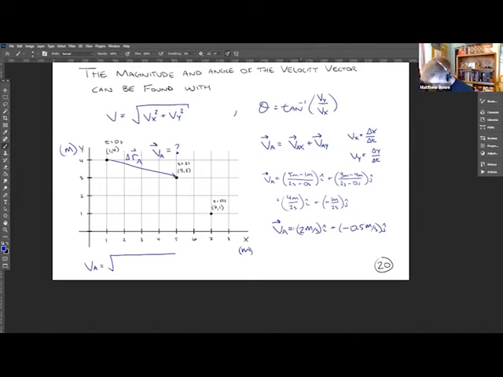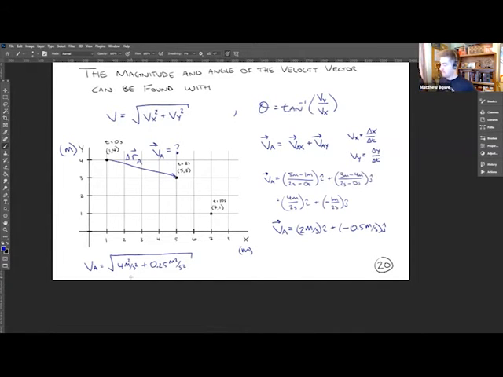Let's square Vx, so that's going to be 4 meters squared per second squared. Now let's square the y component. So it's adding 0.25 meters squared per second squared.